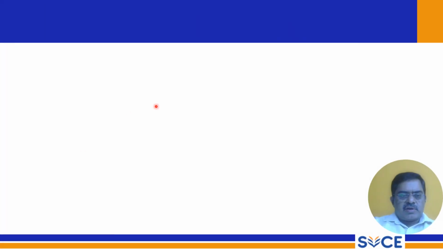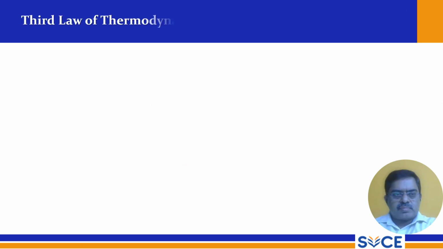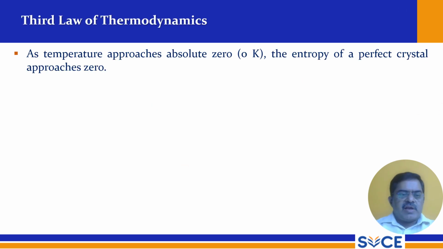Here is the third law of thermodynamics. As temperature approaches absolute zero, that is 0 Kelvin, the entropy of a perfect crystal approaches zero. So this is the third law of thermodynamics.